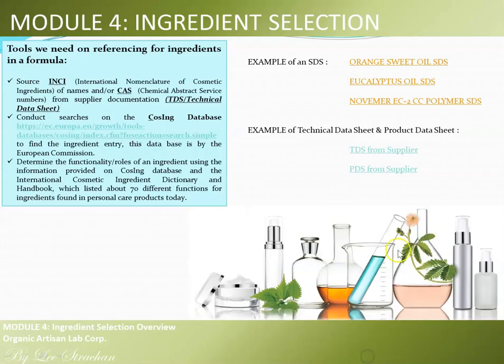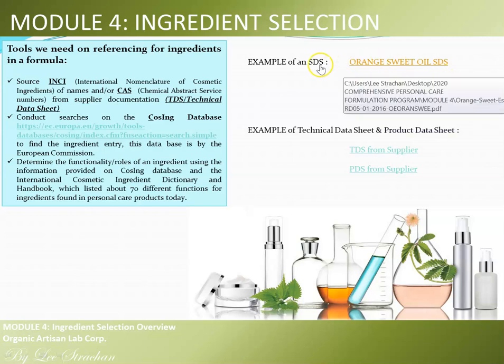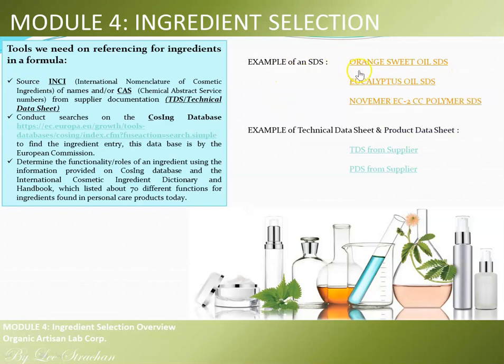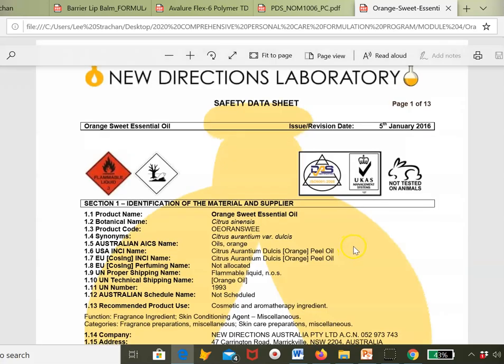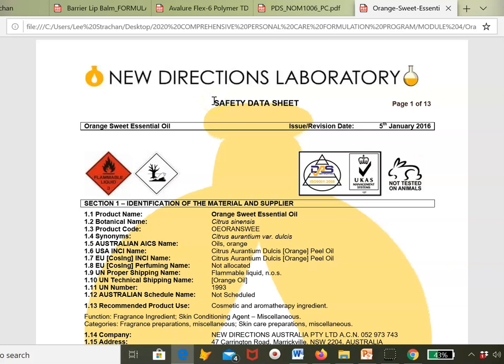Let's go back. All right, so examples of an SDS. Orange sweet oil SDS. Let's check on this one. This is the safety data sheet or material safety data sheet, MSDS or SDS.